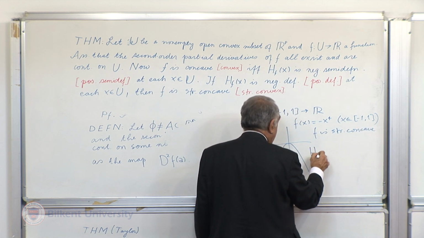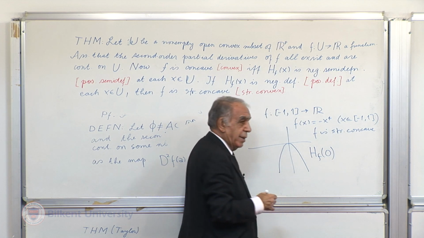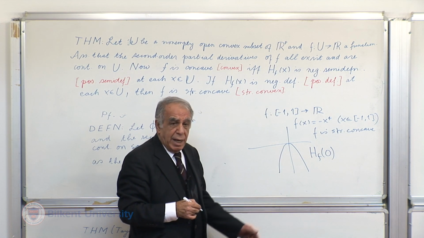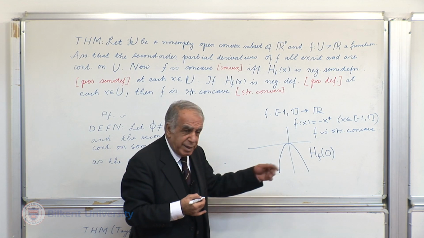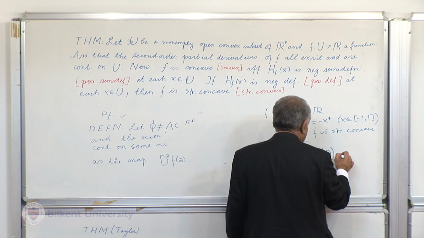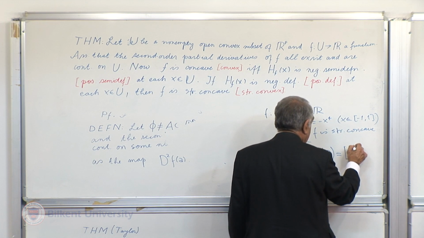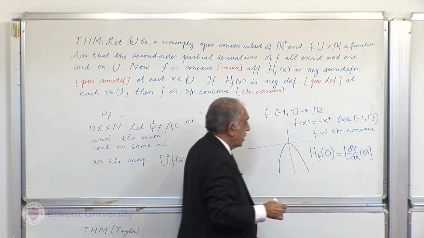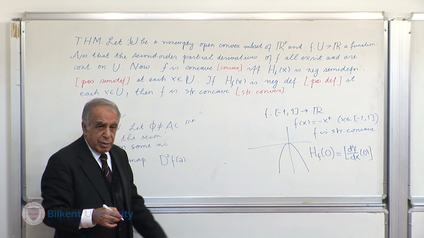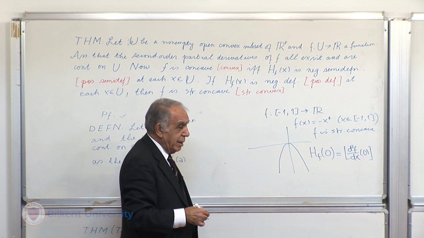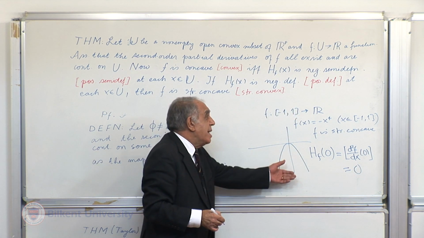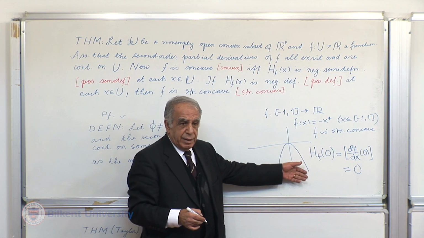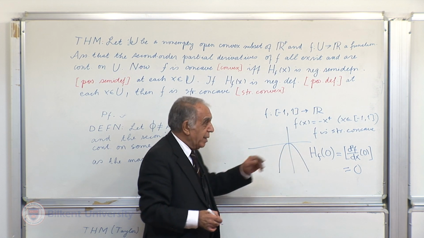But let us consider its Hessian at 0. Here the Hessian will be a 1 by 1 matrix, since it's just one-dimensional, and this will be the second order derivative of f with respect to x at 0. But what's that? That's 0. So this is not negative definite. So the converse will not hold.